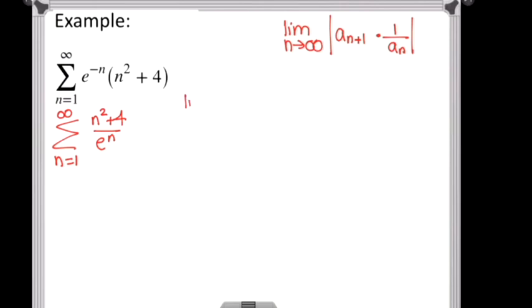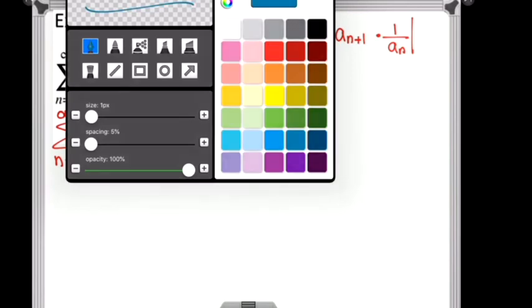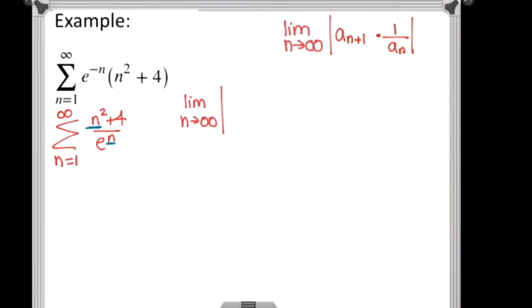Okay, so we're going to take the limit as n approaches infinity of, so everywhere there's an n over here in this expression on the left, I'm going to replace it with an n plus 1. So I'm going back here and replacing those n's with n plus 1.